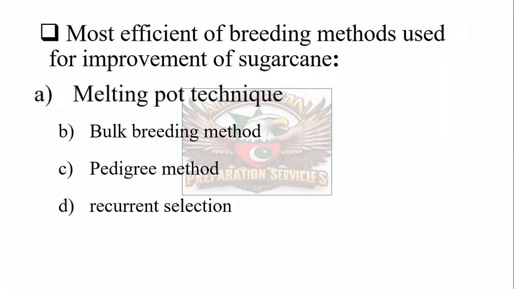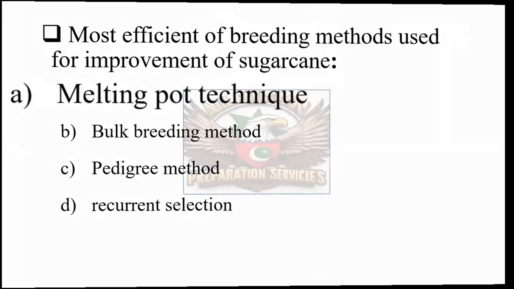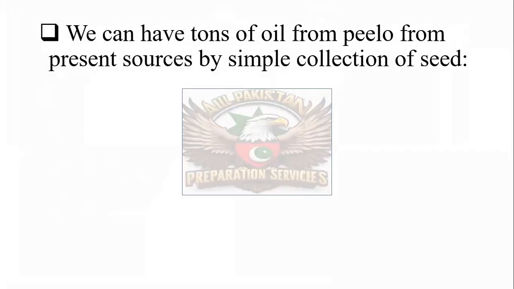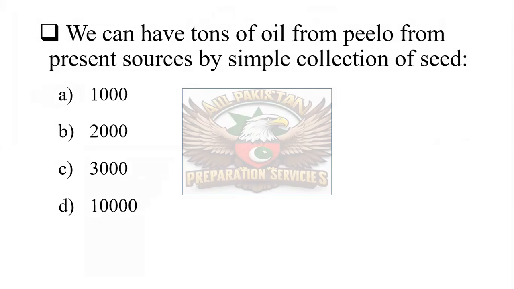The correct one is melting pot technique. We can have tons of oil from pilu from present source by simple collection of seed: 1000, 2000, 3000, or 10,000? The correct one is 1000.